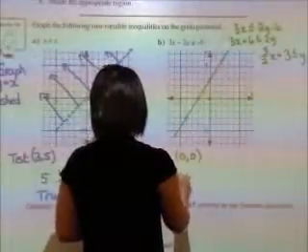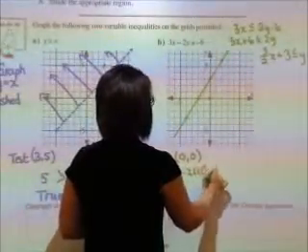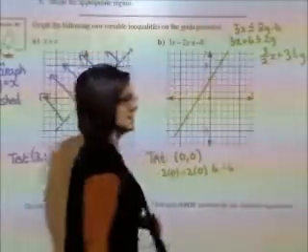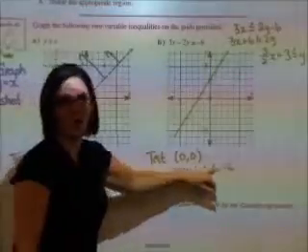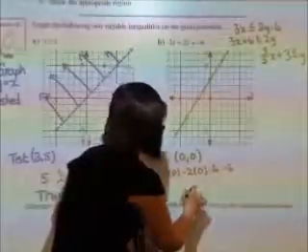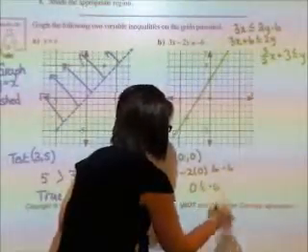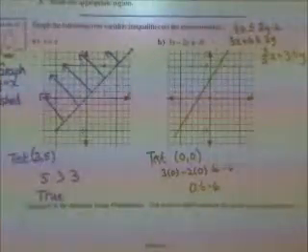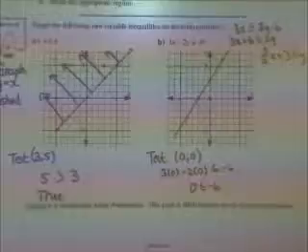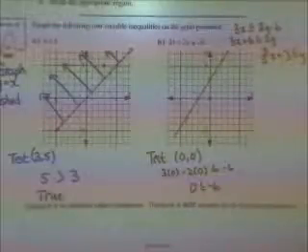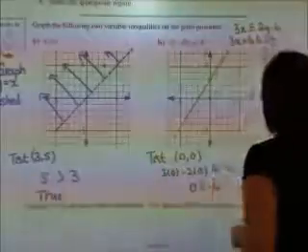So 3 times 0 minus 2 times 0 less than or equal to negative 6. This all equals 0. So I end up with the statement 0 is less than or equal to negative 6. Is that true or false? False. It's false.